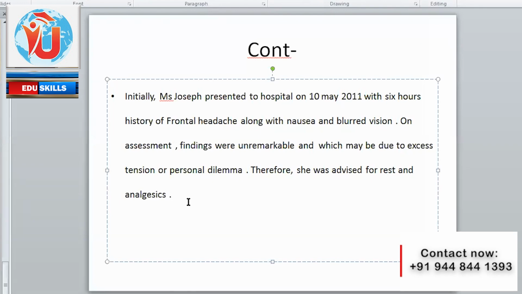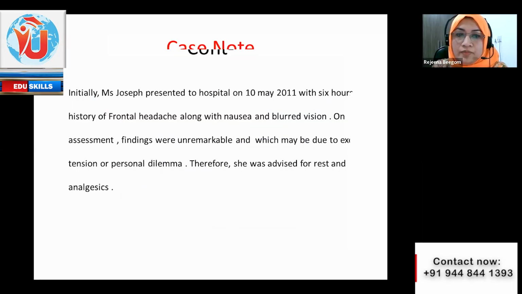Here in the case note, you can see paracetamol 500 mg hourly and so on. No need to mention all those things because it happened in the past, and no need to write all the doses. It is better to avoid that, because when we write analgesics, that is enough. The present condition and present medication, we need to write in full.